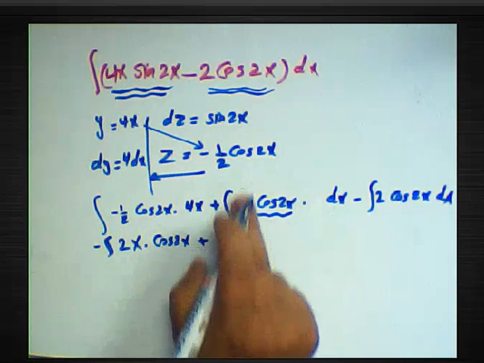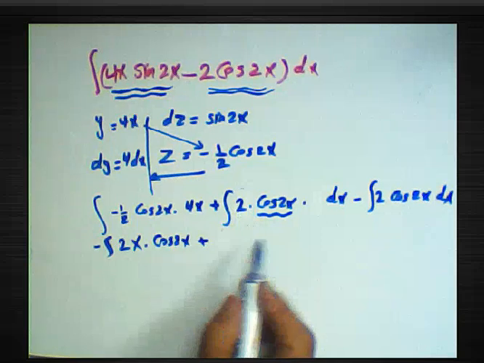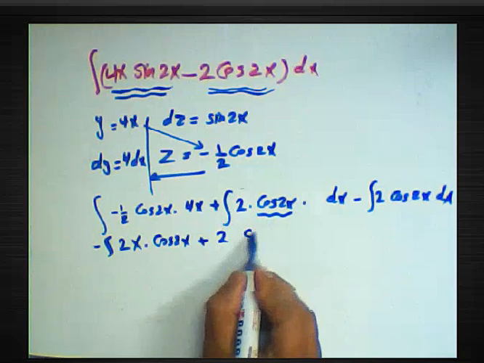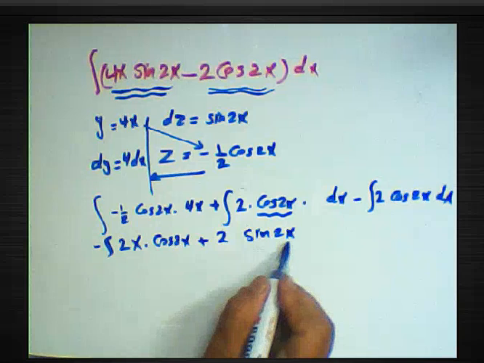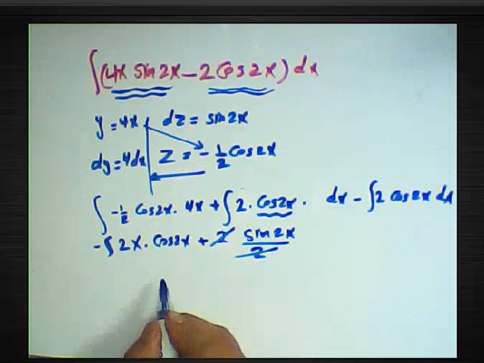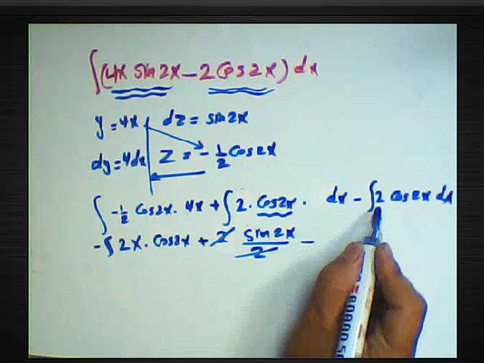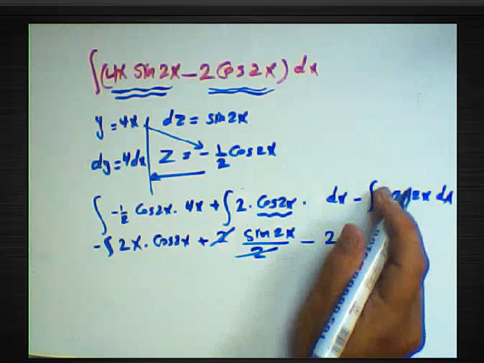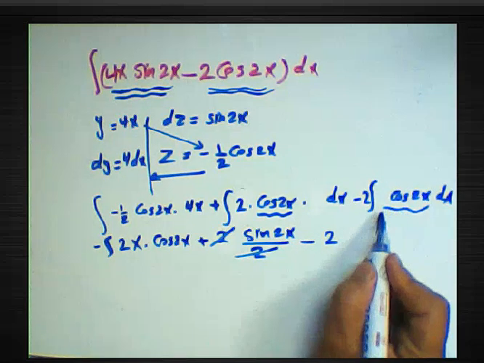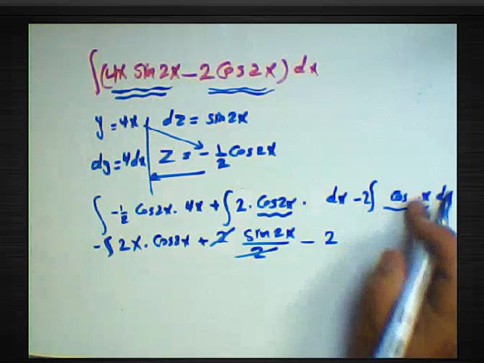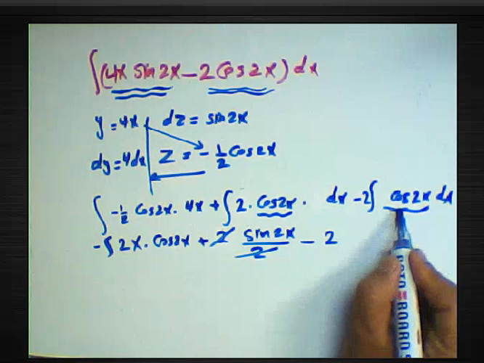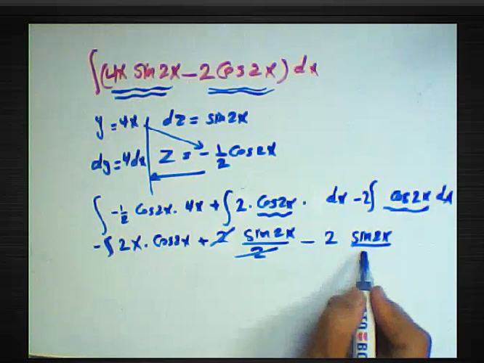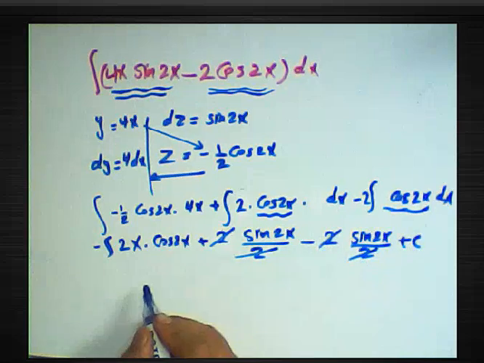4 divided by 2 equals 2, and for the integration of this function, write 2 outside here, cosine 2x. The integration of cosine will be sine 2x divided by 2, and then we can cancel 2 by 2, subtract, write 2 outside here. For the integration of this function, cosine 2x, I want to find the integration of cosine, it will be sine 2x divided by 2 plus constant, and then we can cancel 2 by 2.